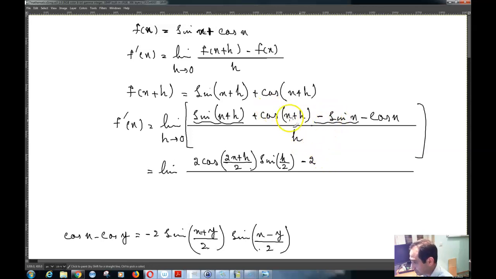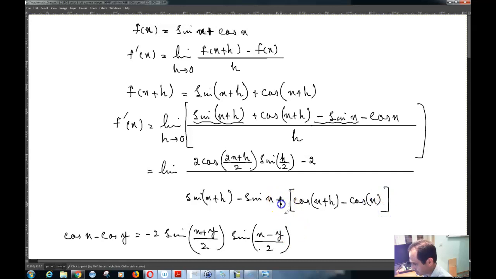You can write this numerator as sine of x plus h minus sine x, plus cos of x plus h minus cos of x.